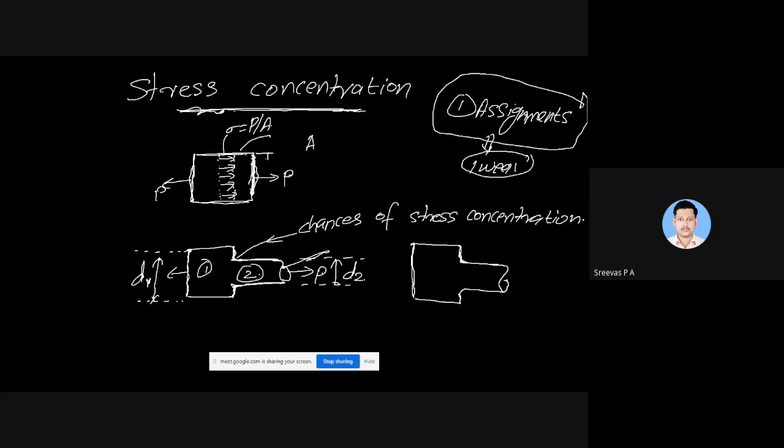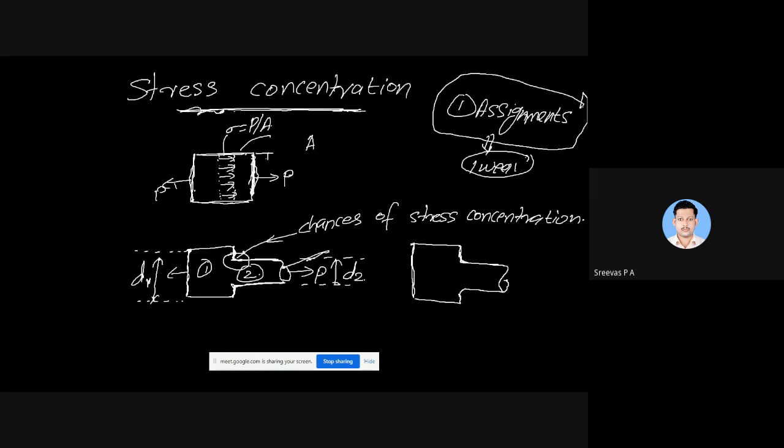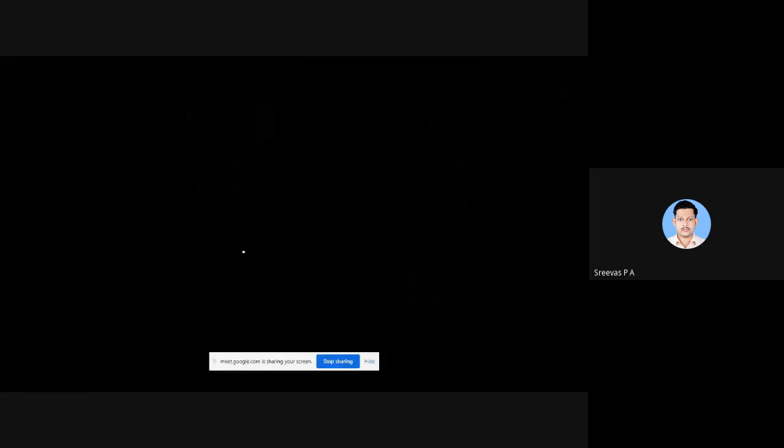If the machine element has a different cross section, then at these sections chances of occurrence of high stresses are there. This is termed as stress concentration. So for quantification of this, we will use a term Kt.